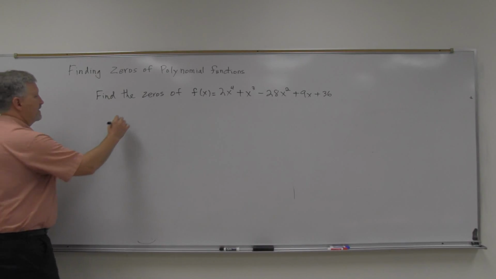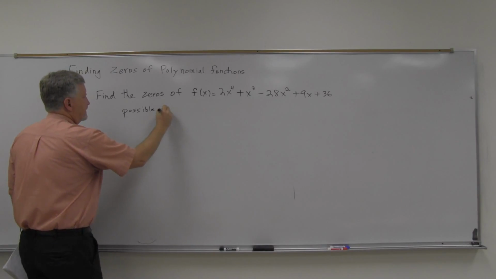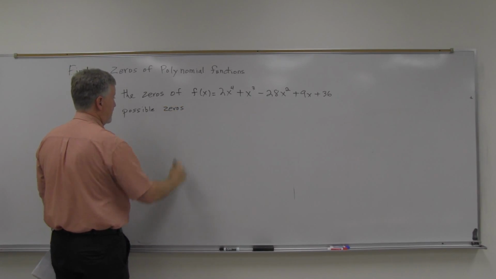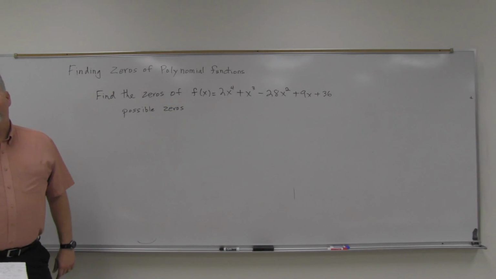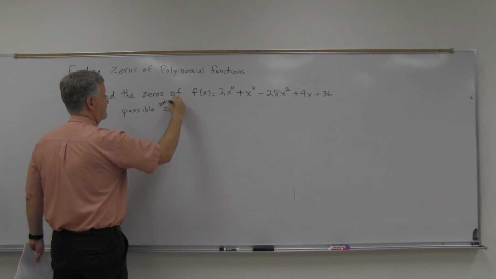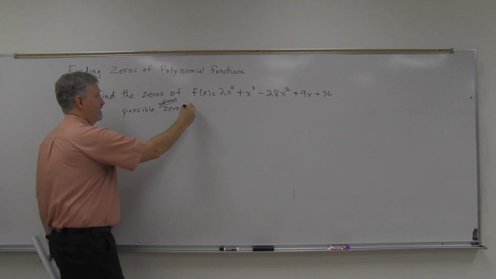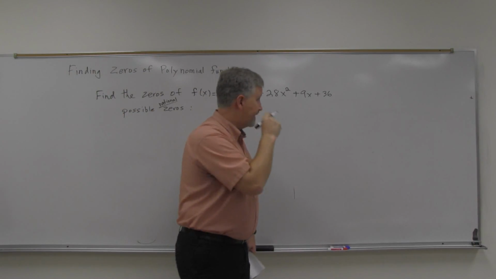So yeah, let's think about possibilities here. I'll probably ask you on the test to list possible rational zeros. So let's do one more of those where we list the whole list out.